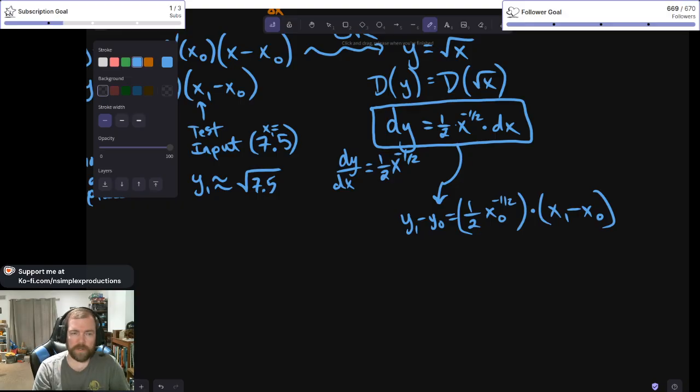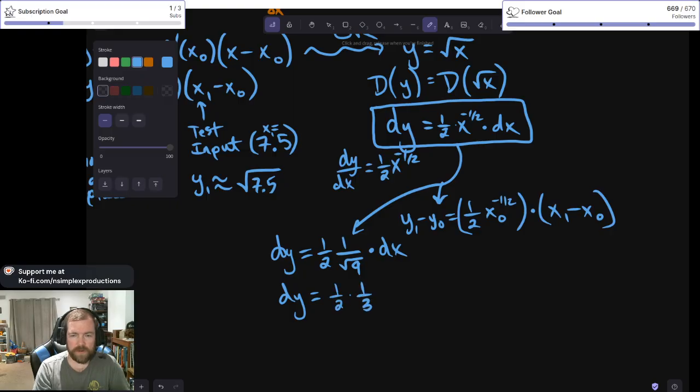But what we're going to do, if we want the quick and dirty method, again, dy is going to be equal to 1/2 times 1 over the square root of 9 times dx. So dy is going to be equal to 1/2 times 1/3 dx. dy is equal to 1/6 dx.